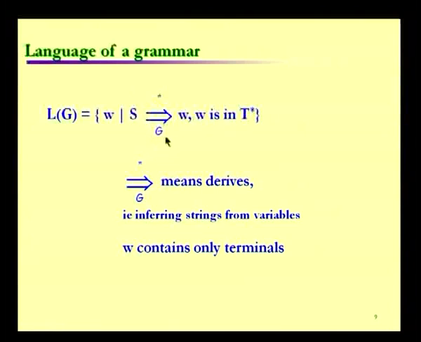This symbol means that the derivation is from the grammar G and it is producing W in any number of steps; that is the meaning of this notation, derives. So, if a string is derived from the start symbol of the grammar, then we can claim that the string is in the language of the grammar.